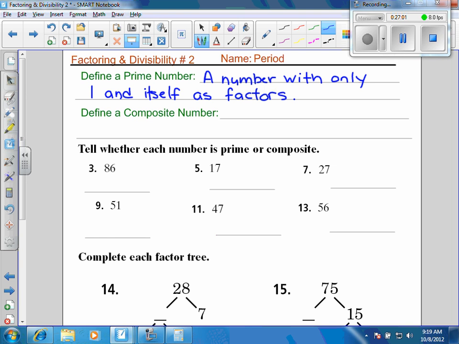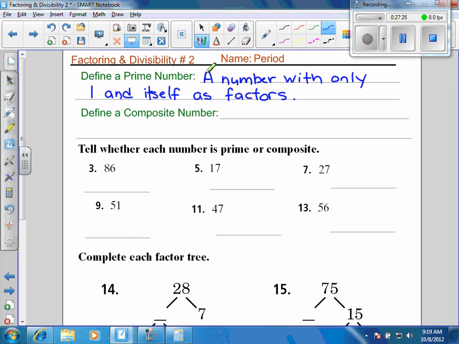So what's the composite then? What's the easiest way to write that, Joe? A number that has more than 2 factors. Right, you could say it that way, or a number that's not prime.